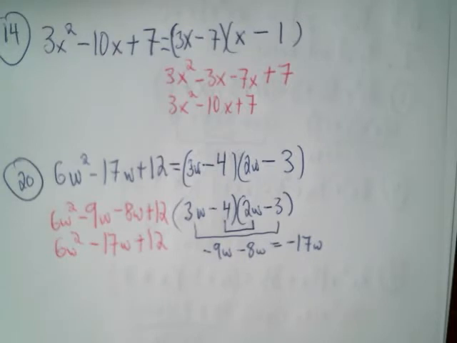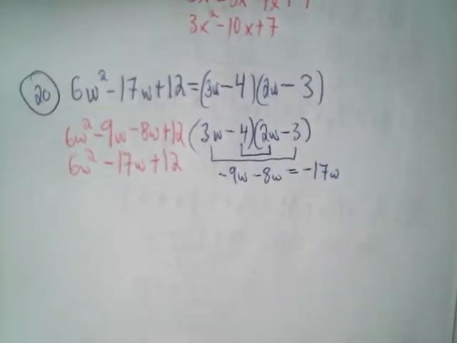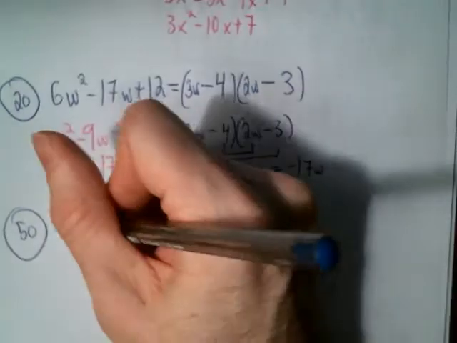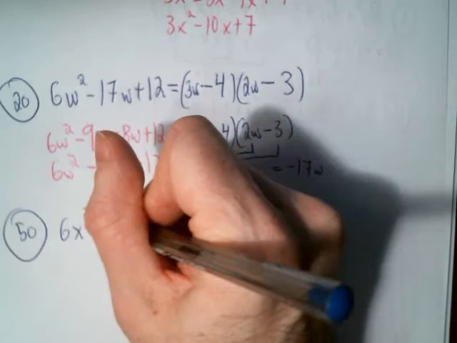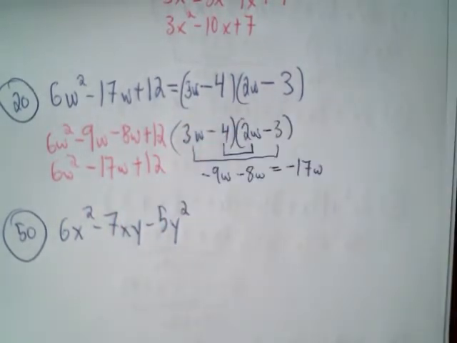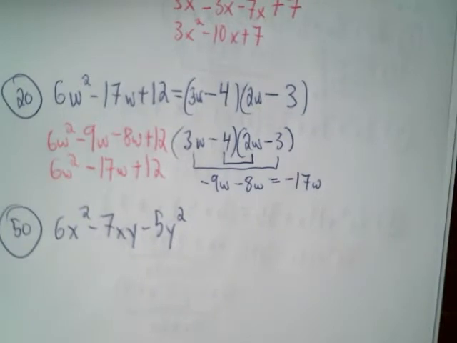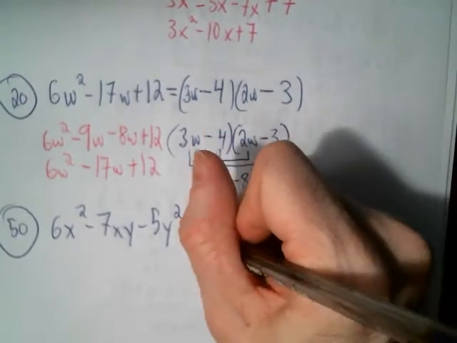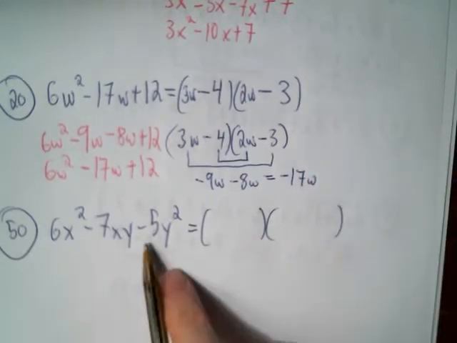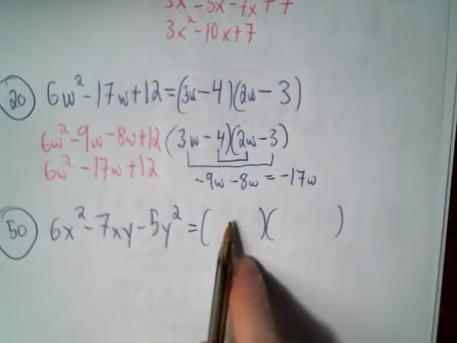Let's try one with multiple variables now. So this will be number 50. We have 6x squared minus 7xy minus 5y squared. Okay, so again, set up your signs. Because of this sign, it has to be plus minus.